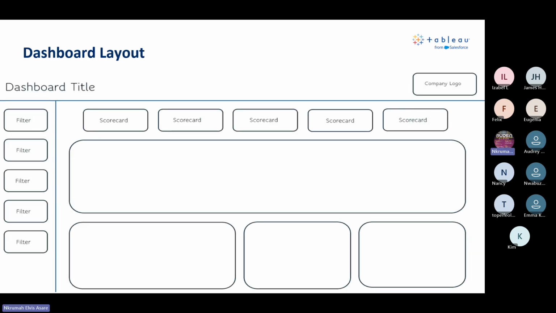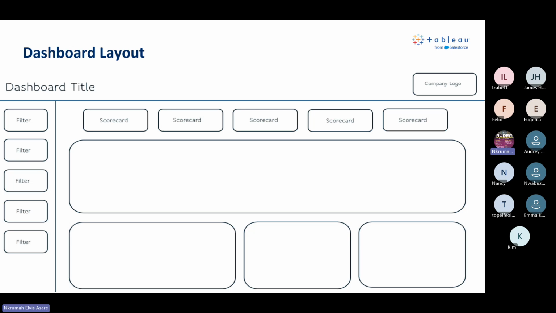Now, this is a template of how dashboards are being built, from a collection of dashboards I observed on the internet. You'll see that the title of the company or the title of the dashboard is at the first layer. So the company logo and dashboard title are the first layer of the dashboard.